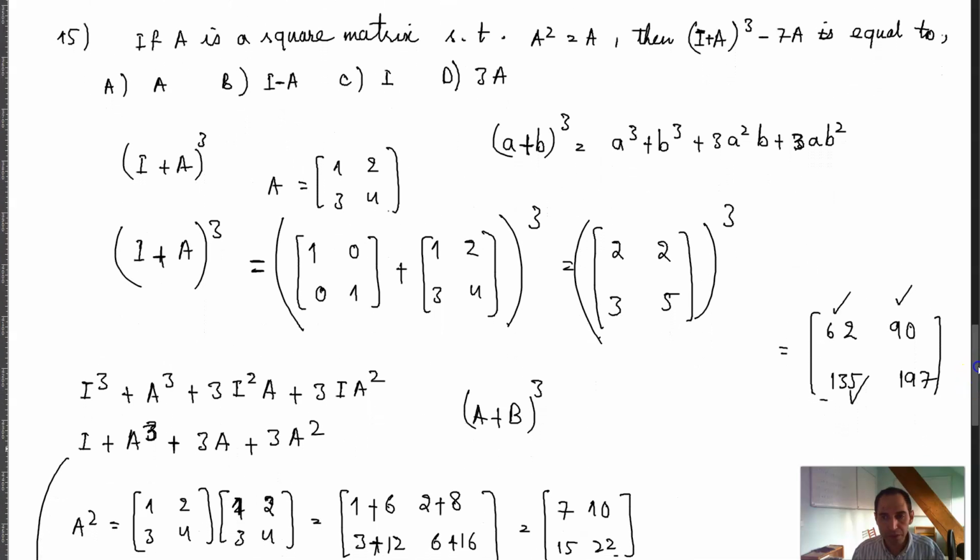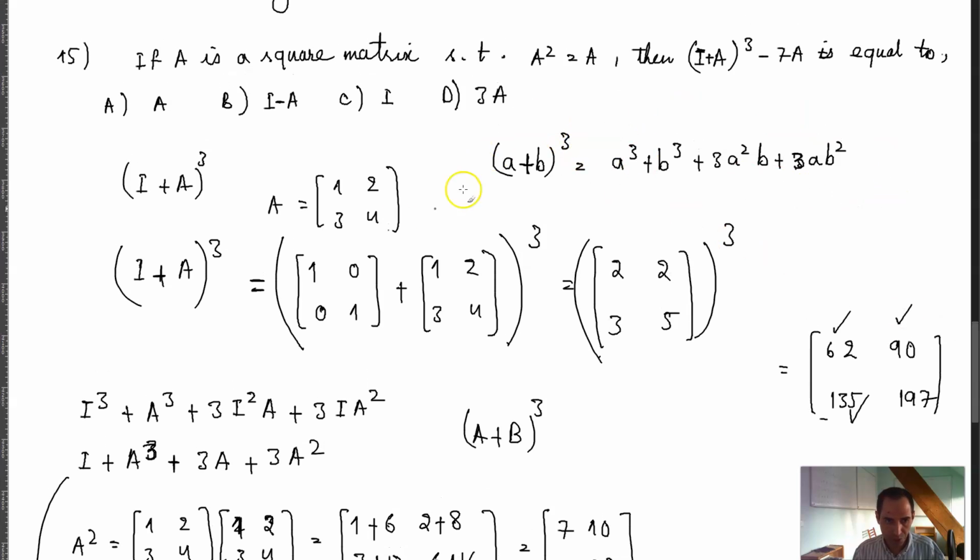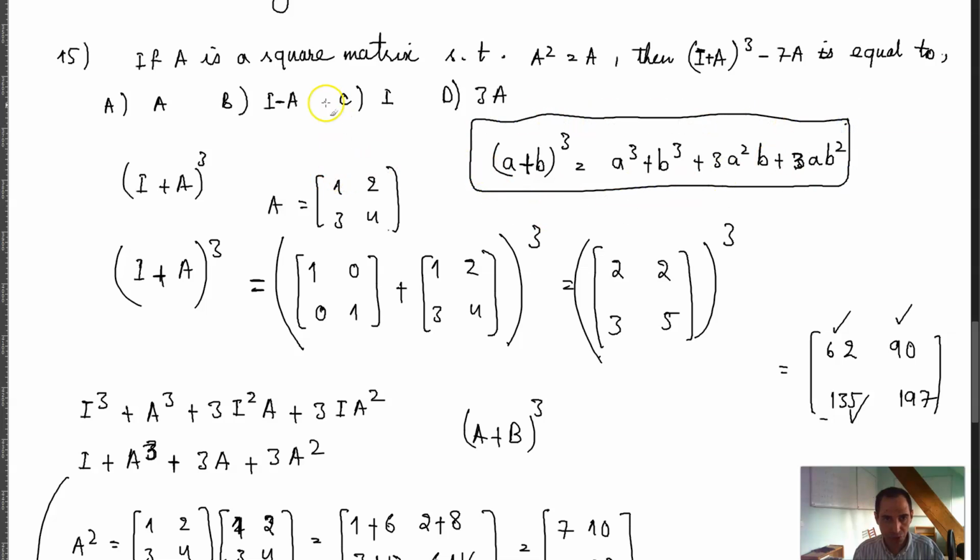So by now we know that at least in the case where the first matrix is an identity matrix and the second matrix is some other matrix of the same order, you can actually use this formula in order to expand your matrices when it's, for example, raised to the third power.